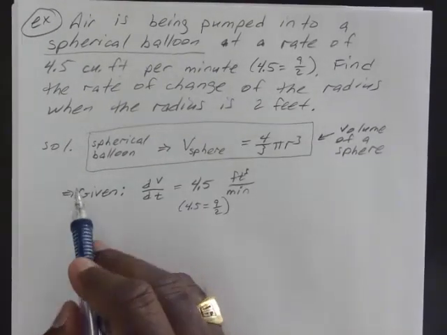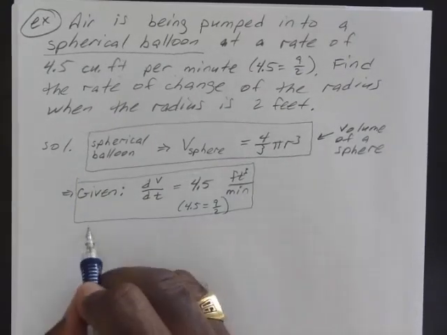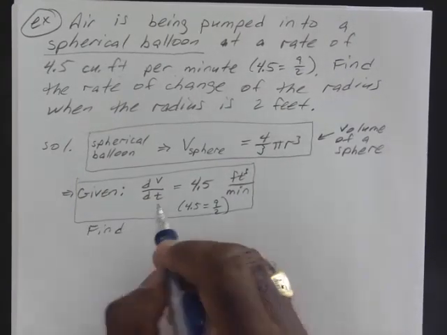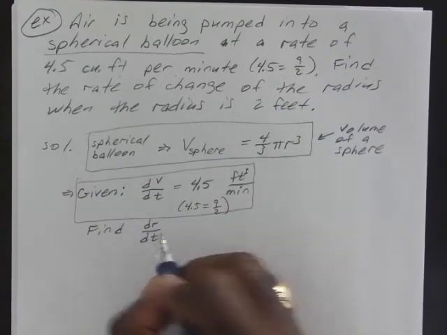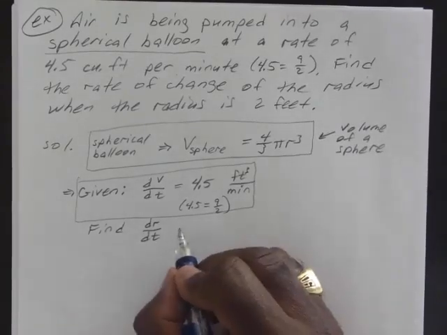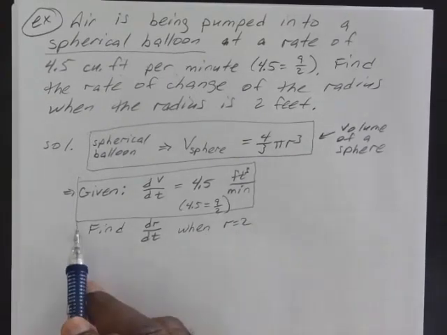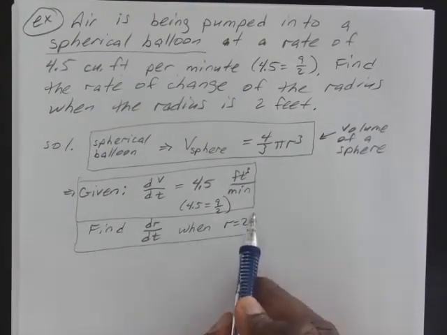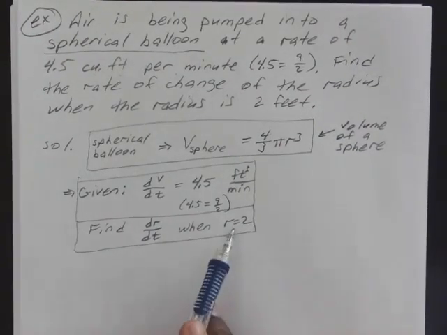And we know that we want to find the rate of change of the radius with respect to time when the radius is equal to 2. How fast is the radius increasing or decreasing right at that point when it's actually equal to 2?